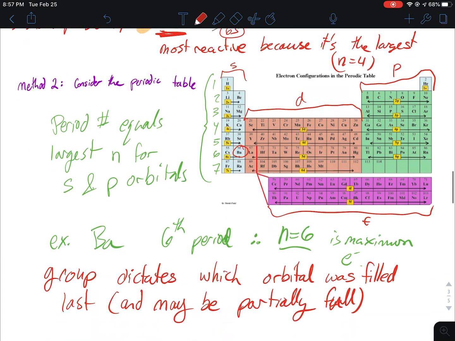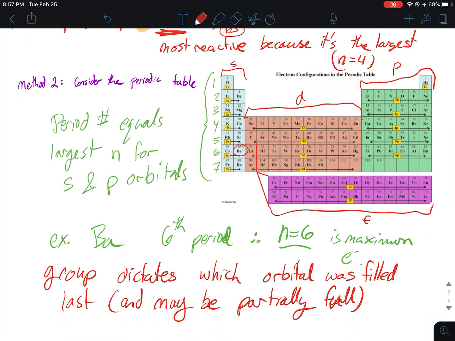You do have to kind of know your organization, but you can even cheat a little bit more. If you can map this out in your brain, I can just start walking towards barium from the top. I count along the periods to figure out how many electrons overall. So looking here, I see this 1s up here. Barium's way down here.